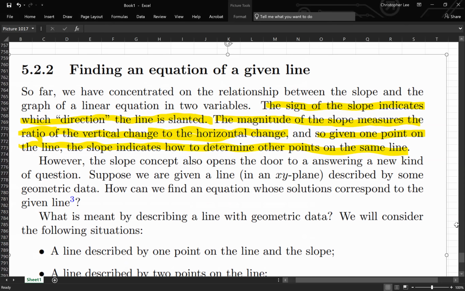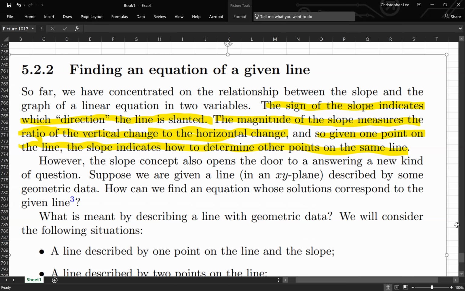So far, we have concentrated on the relationship between the slope and the graph of a linear equation in two variables. The sign of the slope indicates which direction the line is slanted. The magnitude of the slope measures the ratio of the vertical change to the horizontal change. Given one point on the line, the slope indicates how to determine other points on the same line.